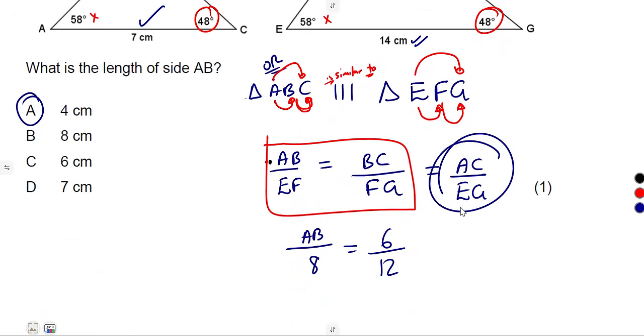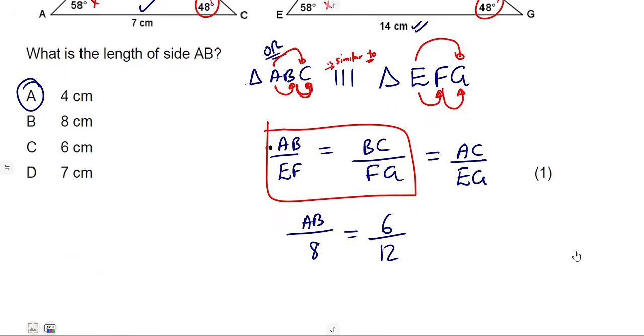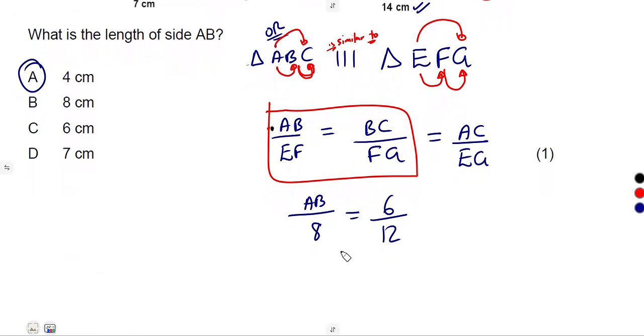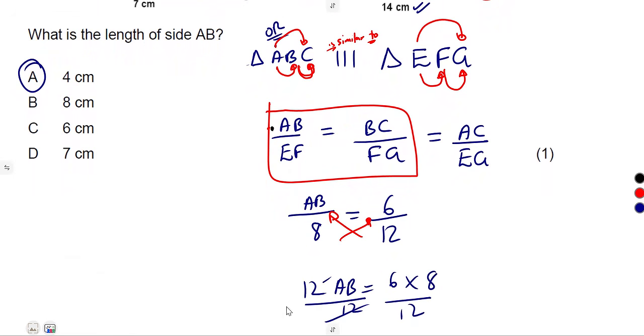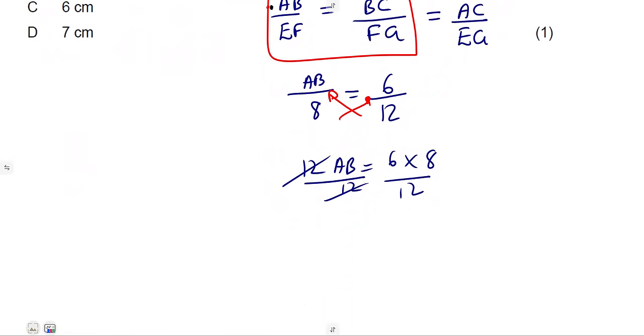You can also use this one, AC over EG, if you want. You're still going to have the same answers there. So from this one, guys, you can find your AB directly. Just cross multiply, you are done. 12AB is equal to 6 times 8, then divide by 12. As you can see, that is similar to the previous way of answering.